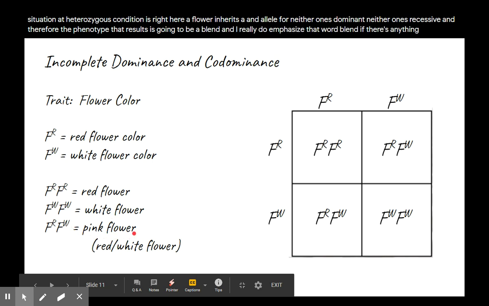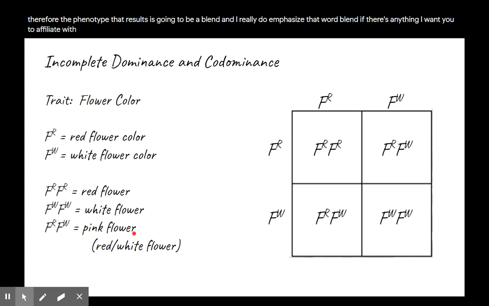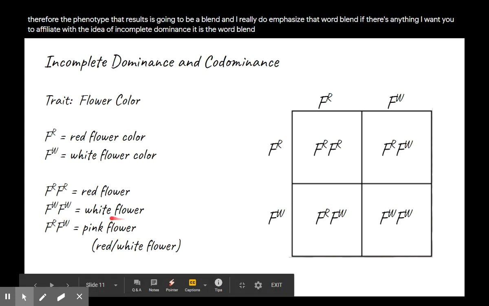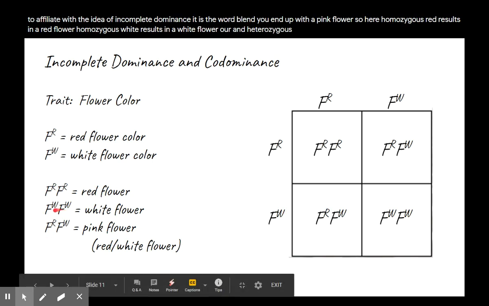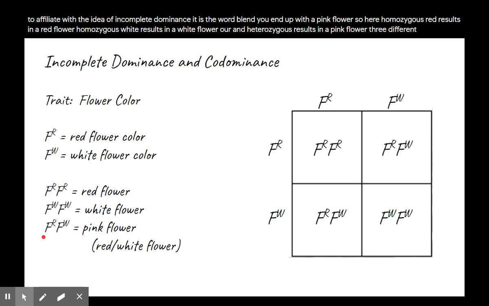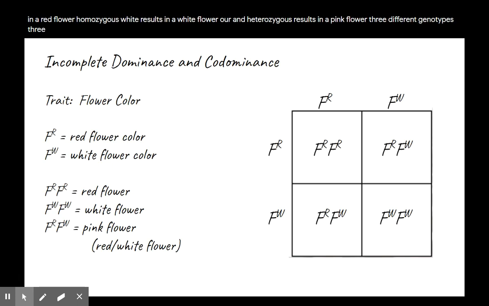If there's anything I want you to associate with the idea of incomplete dominance, it is the word blend. You end up with a pink flower. So here, homozygous red results in a red flower. Homozygous white results in a white flower. And heterozygous results in a pink flower. Three different genotypes, three different phenotypes that result.